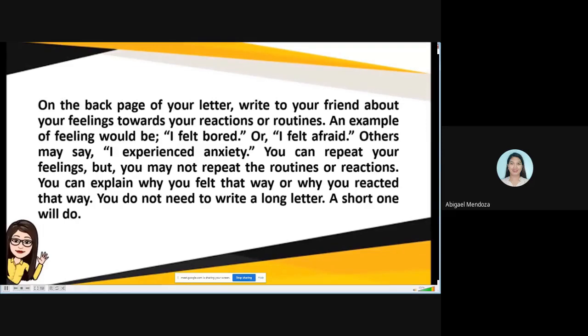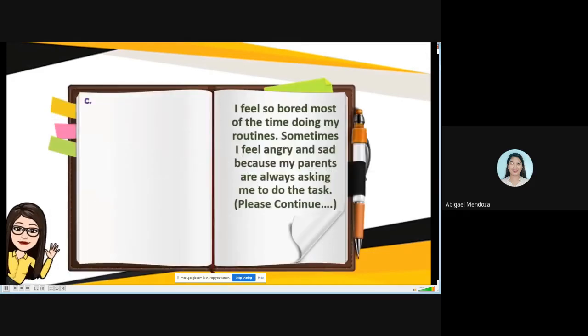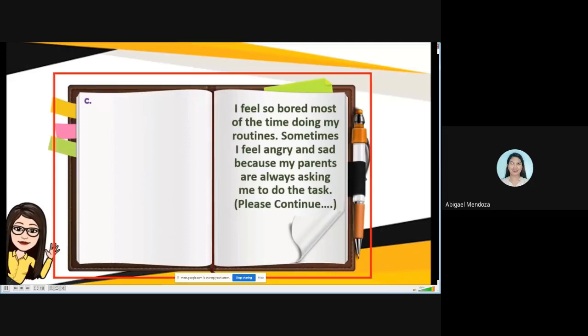You can explain why you felt that way or why you reacted that way. You do not need to write a long letter, a short one will do. Here is an example. I feel so bored most of the time doing my routines. Sometimes I feel empty and sad because my parents are always asking me to do the task.